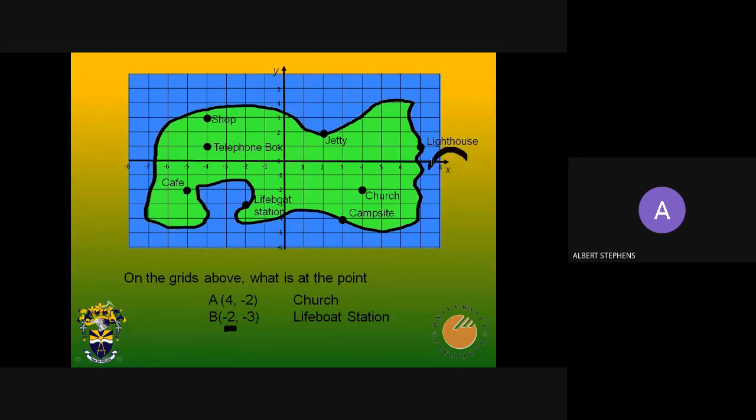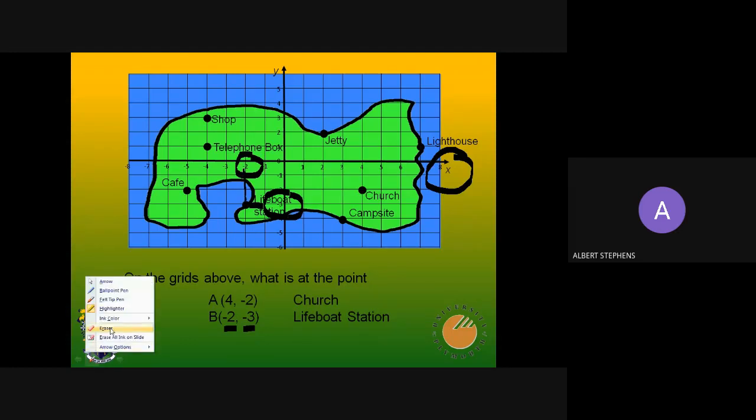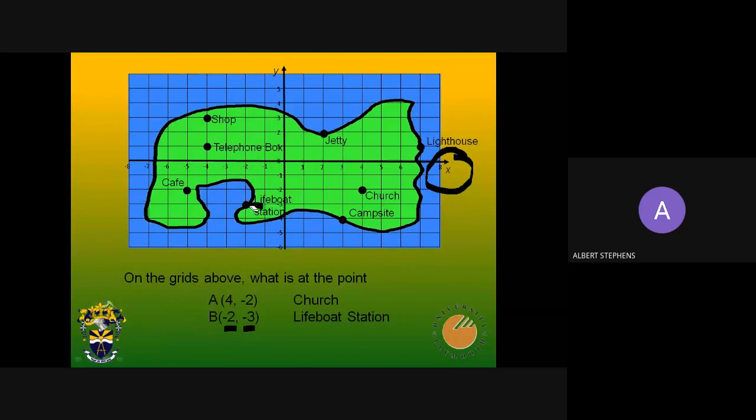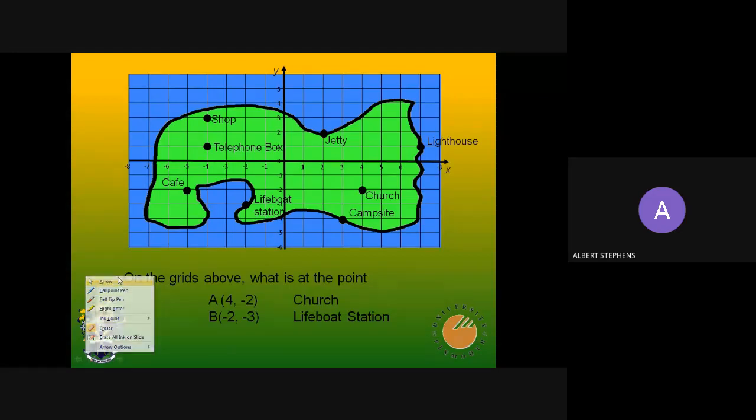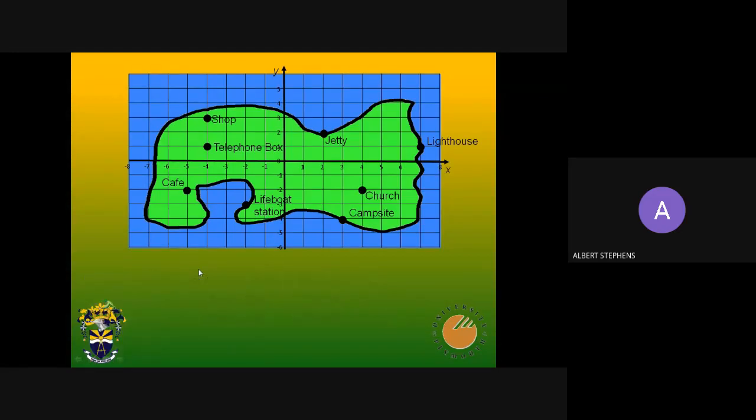So X is -2, which is right there. And the second value is the Y value, -3, and where is -3? It's right here. So where the two points meet, that will be your location. The diagram is not so clear cut.